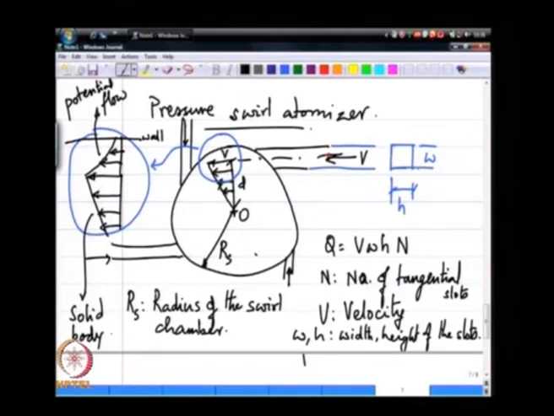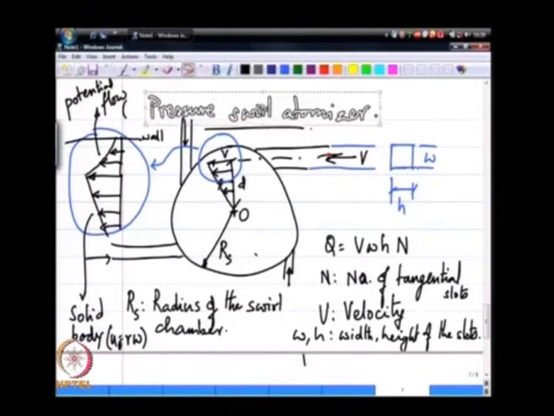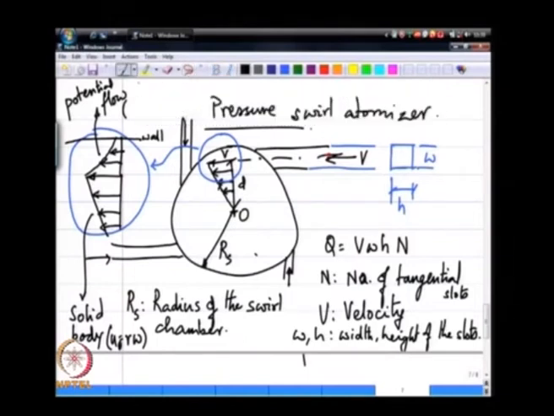So, this part looks like u theta equal to r omega, this part looks like u theta equal to gamma over 2 pi r.